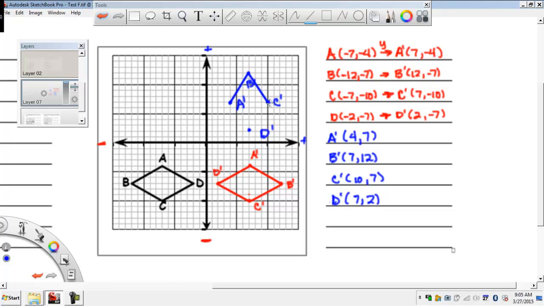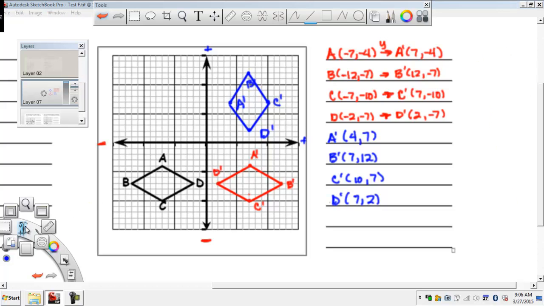Now we see the reflection across the y-axis, we see the rotation from quadrant 4 to quadrant 1. And now we're going to do the translation last.